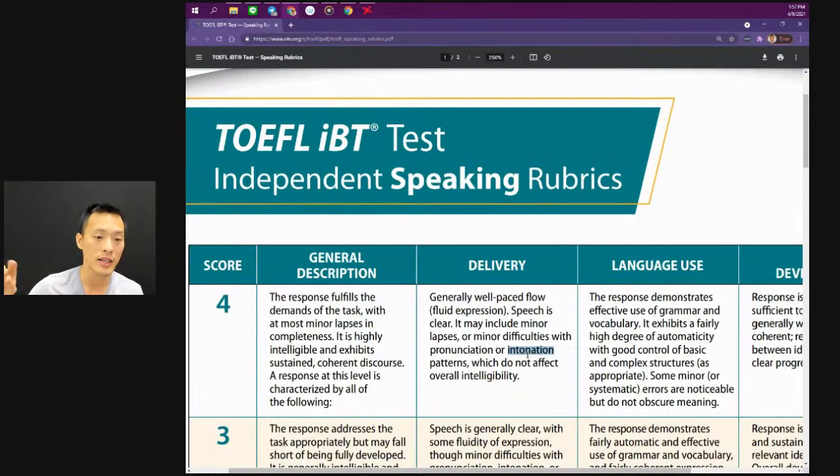An upward intonation sounds like this, and everything that you say kind of goes up at the end, and it just sounds like you are so unconfident with what you're saying, and it doesn't sound so natural. You don't sound so confident at all, right? That's not the natural intonation that you hear from a native speaker. So you have to have the right intonation to be able to get the perfect score, right?